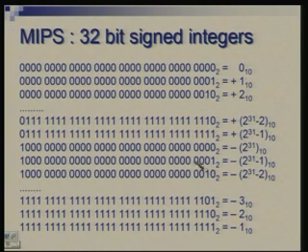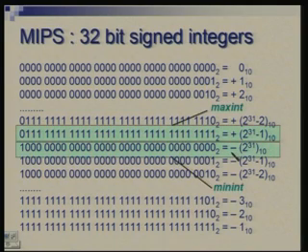The largest negative number you will get is 1 followed by all zeros, okay, and it is minus 2 raised to the power 31. Right. So, these two numbers are max int, the maximum positive integer value, and min int, which is the most negative integer value.